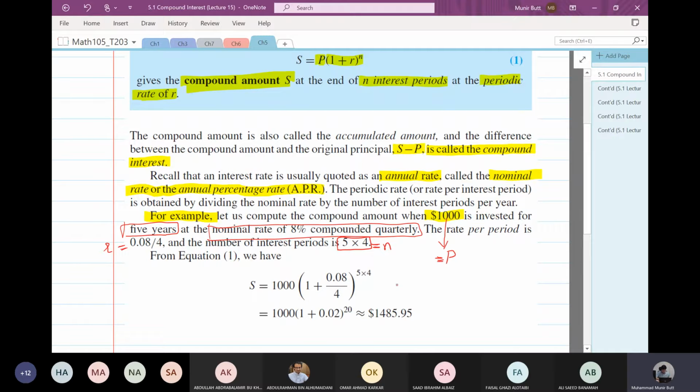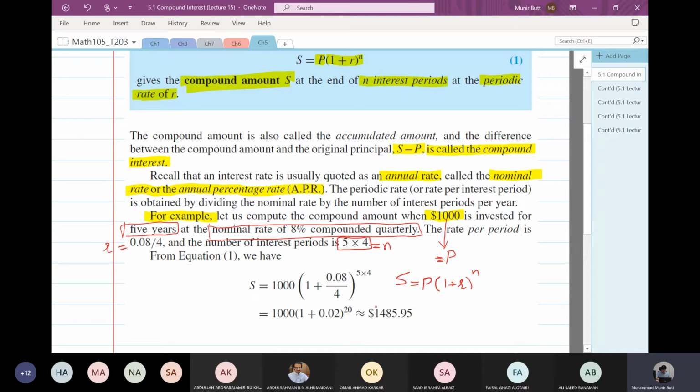So what is the formula? The compound amount is equal to principal times (1 plus the ratio) to the power n. Since everything is in quarters, the rate is 8% divided by 4, and the number of quarters in 5 years is 5 into 4.